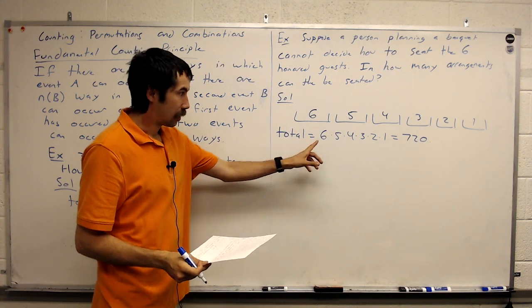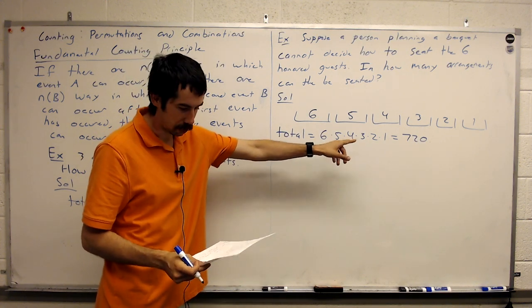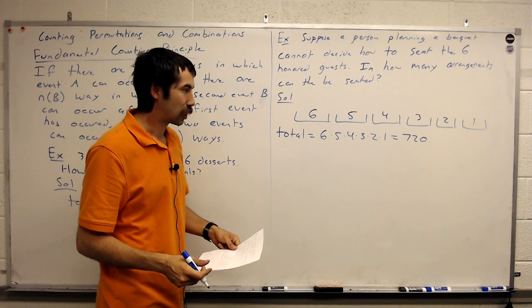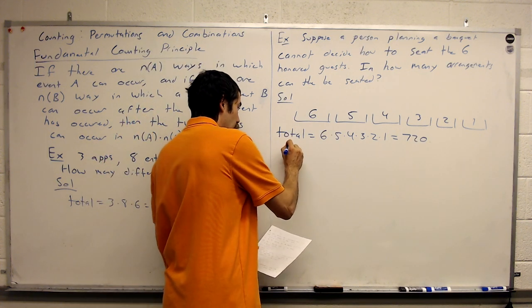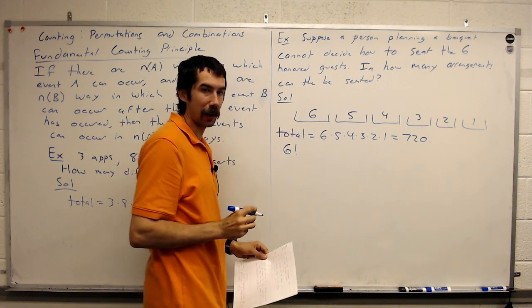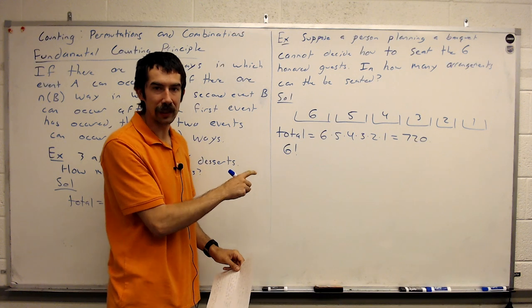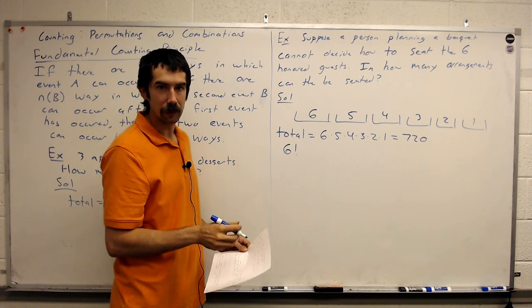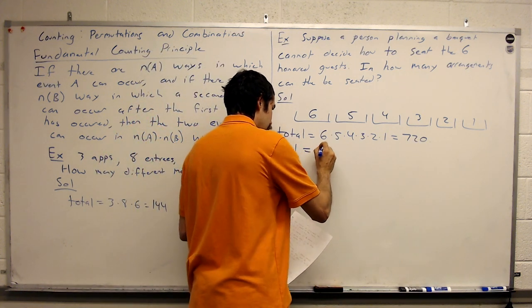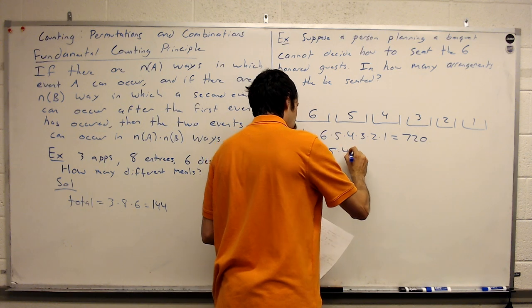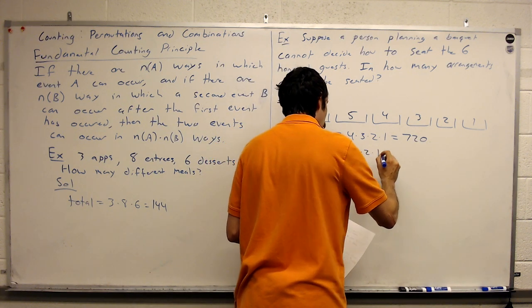This product, 6 times 5 times 4 times 3 times 2 times 1, has a special name. This is what we're going to call 6 factorial. Okay, this exclamation point means factorial, and that is 6 times 5 times 4 times 3 times 2 times 1.